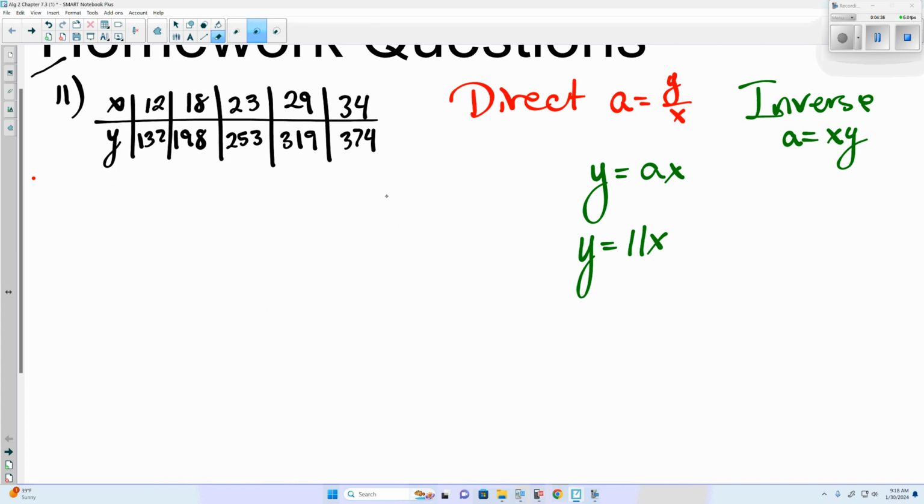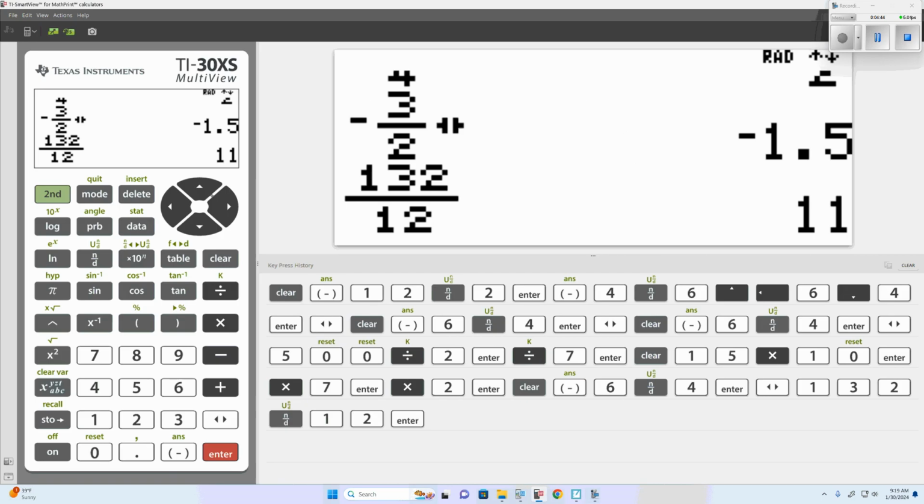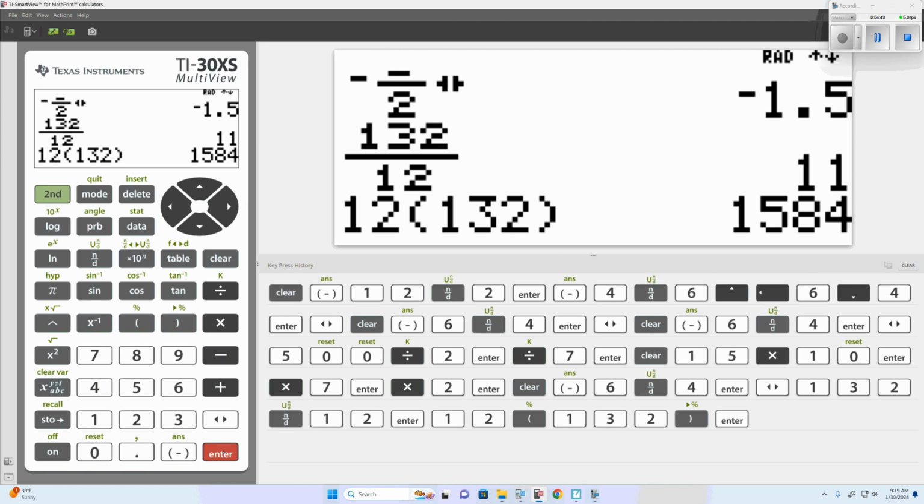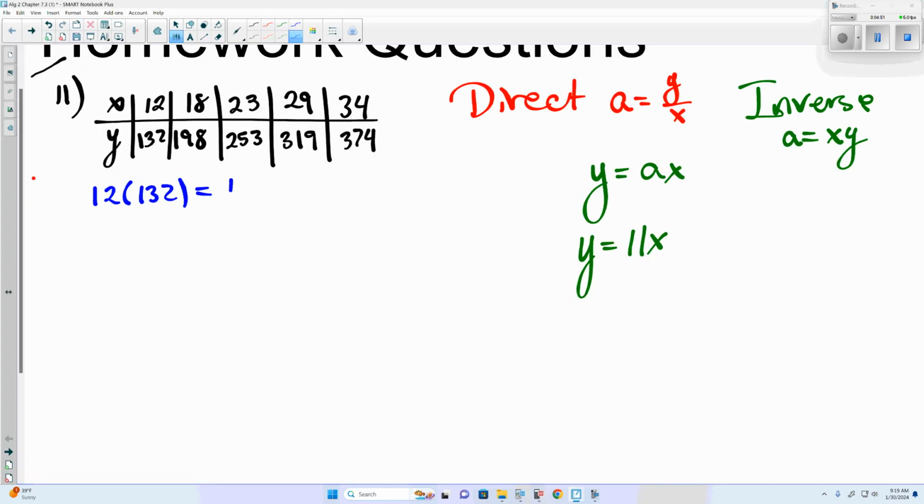Now, I'm going to erase all these here. Because if we tried inverse, 12 times 132 is 1584. Then we can do 18 times 198.